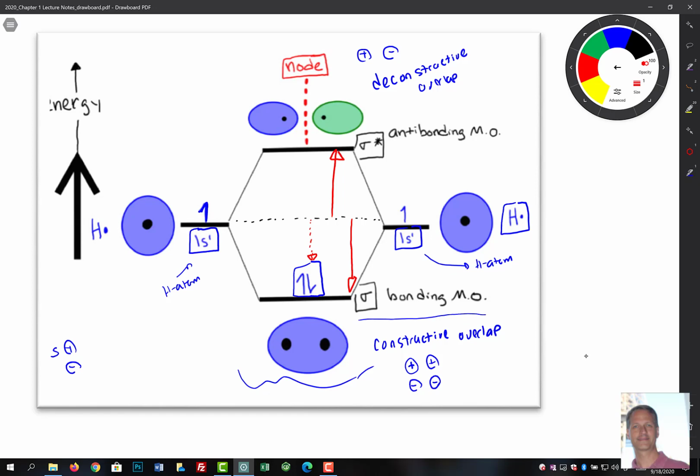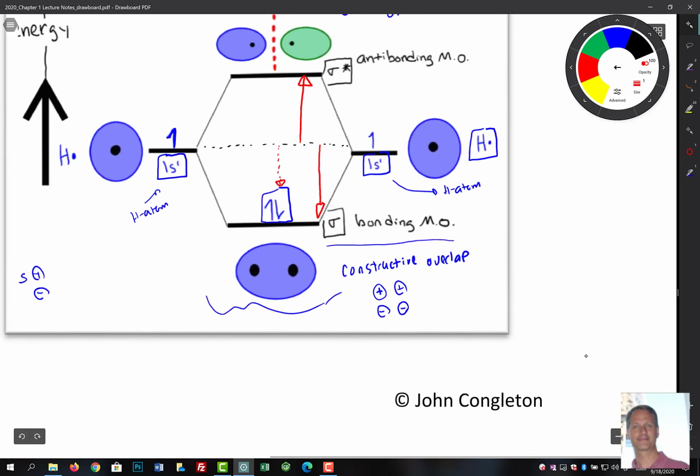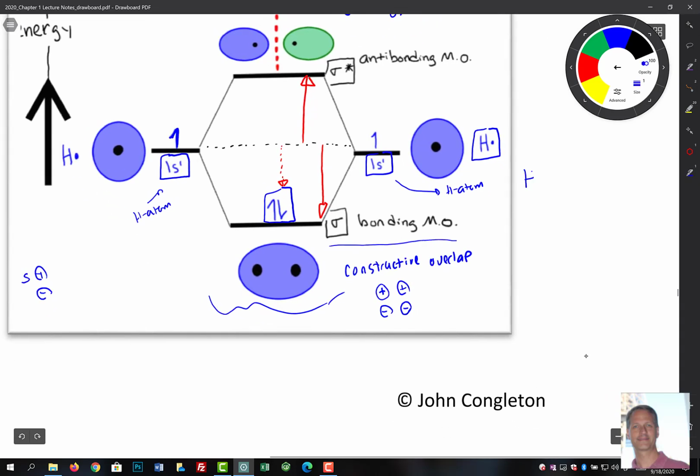and that's why it's a favorable thing for these 2 things to come together. Now, just as a side note here, what about He2? So He has an s with 2 electrons in it, and another s with 2 electrons in it. We get constructive and destructive overlap, and then we put our electrons in here, and we put them in here.